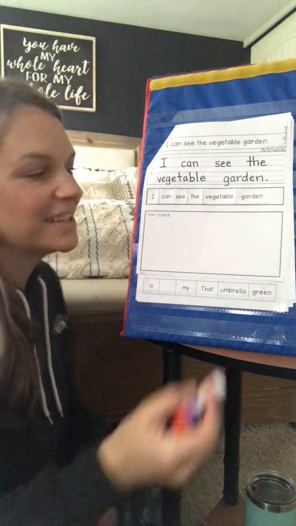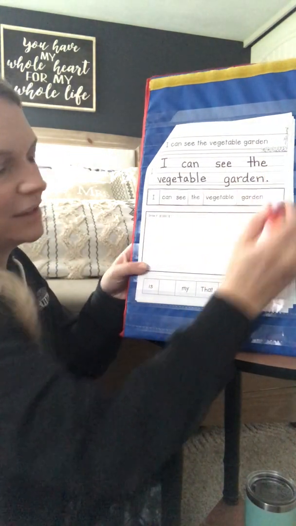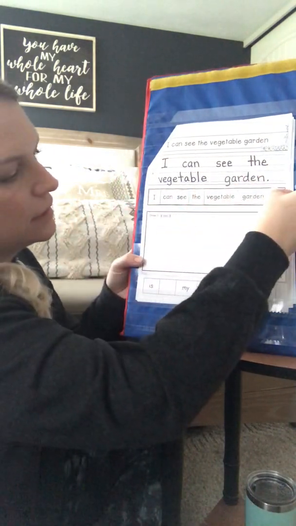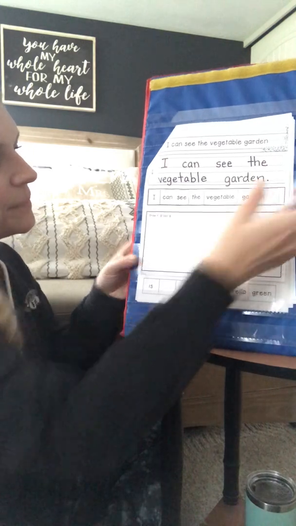And what do we need at the end of our sentence? Good. Don't forget that period that you've got there. And we don't want the period floating up in space. Make sure it's down towards the bottom.